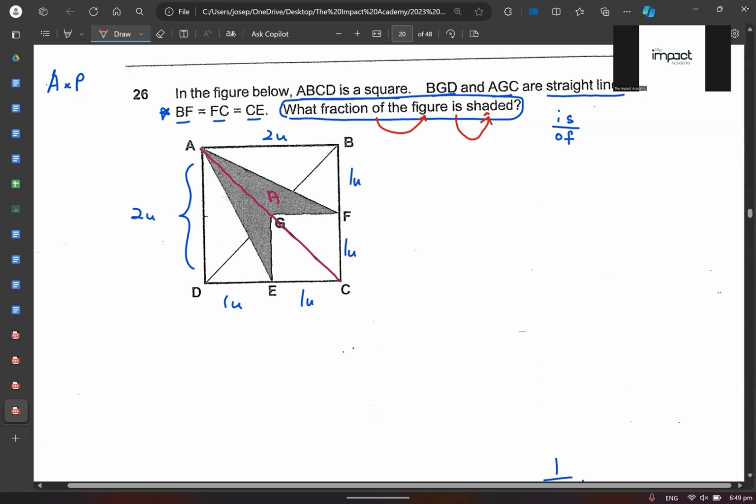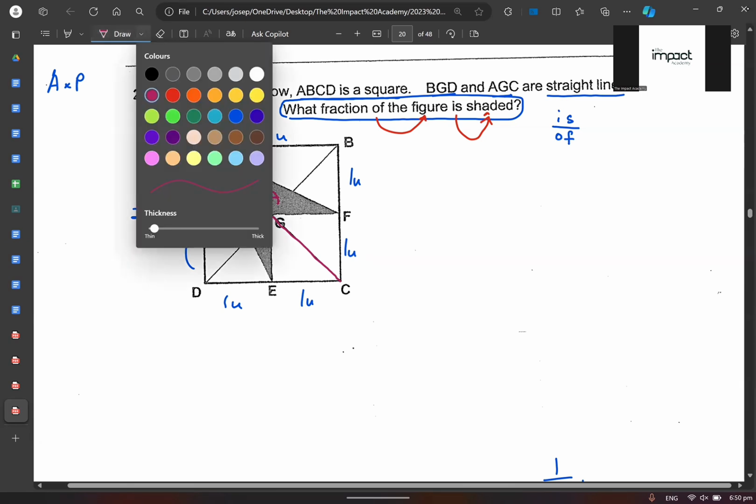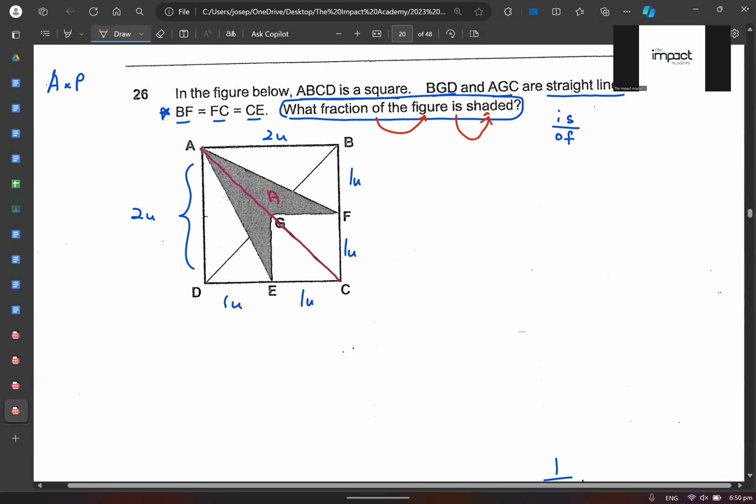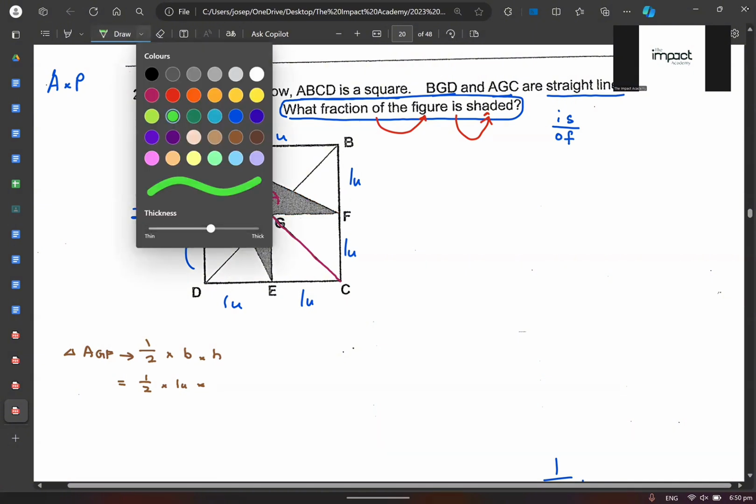To find the area of a triangle, we always do half times base times height. Am I making sense? This is triangle AGF. Agree or disagree? What is my base? My base is 1 unit. Agree or disagree? What is my height? You see that this is a slanted triangle, right? Are you able to see that this is a slanted triangle? If this is a slanted triangle, what should I do?